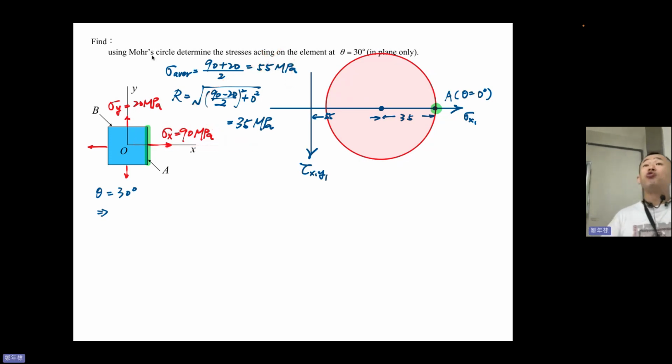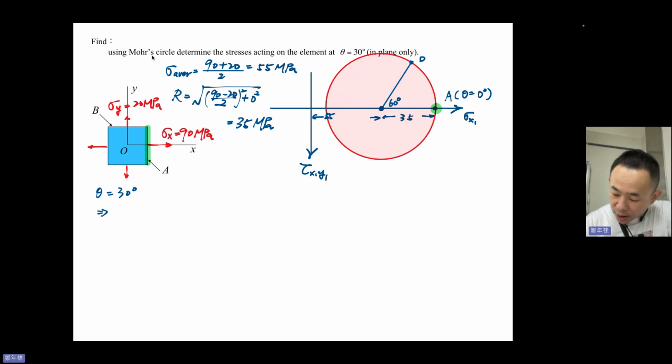So 30 degrees in the real world, what will it be in the circle space? 60 degrees, right? So 60 degrees, and then you can get the point. Suppose it should be D, okay?